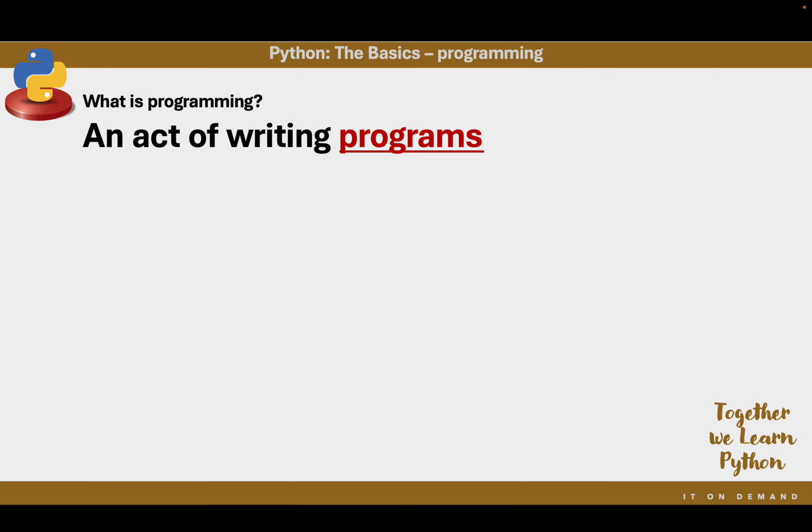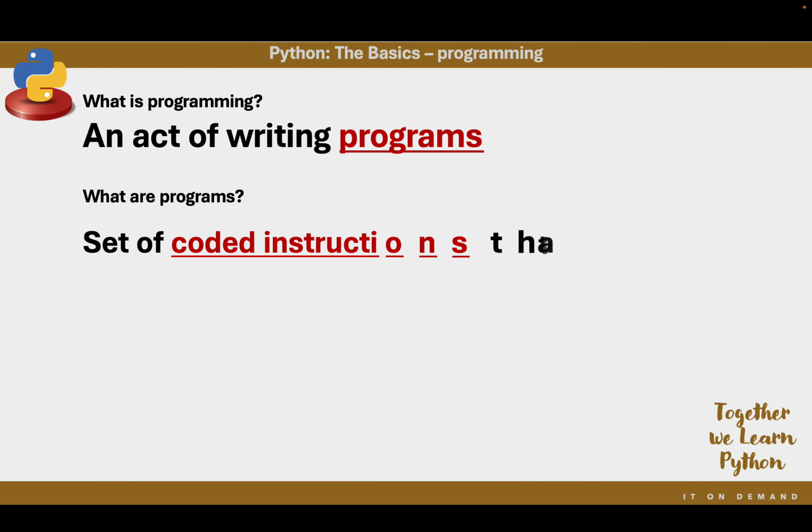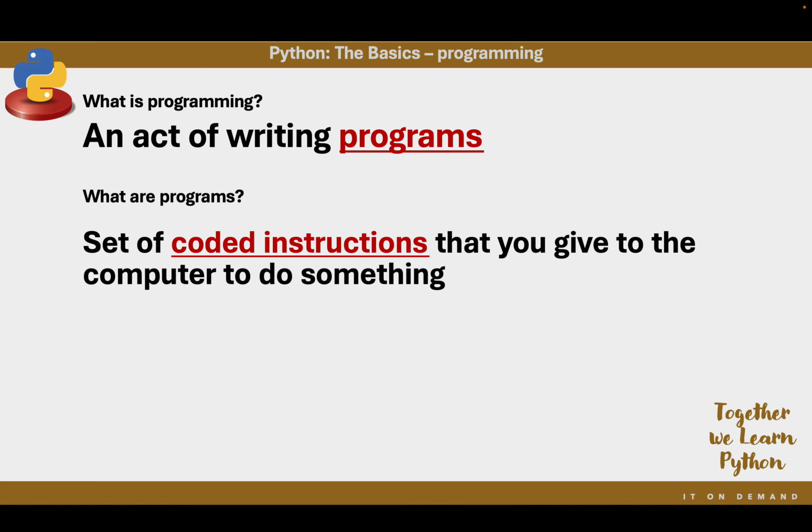So let's see. Essentially, what are programs? Programs are a set of coded instructions that you give to the computer to do something. You think of Amaka instructing Simbi to do something. But of course, we'll get to know what the interpreter is.